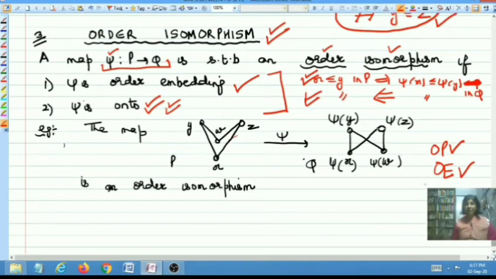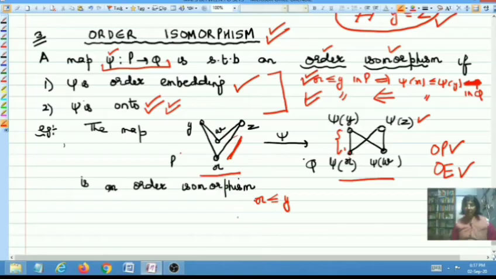But here you can see that this is a PO set P and this is a PO set Q, and here this particular map you can verify is order preserving, because X is related to Y implies psi X is related to psi Y. You can see over here psi X is related to psi Y. Then X is related to Z implies psi X is related to psi Z, because psi X is down, psi Z is up.